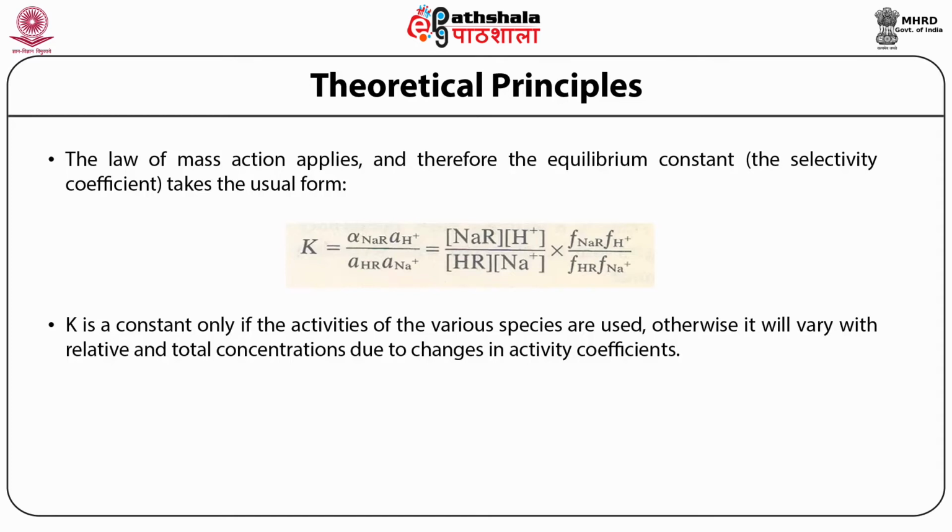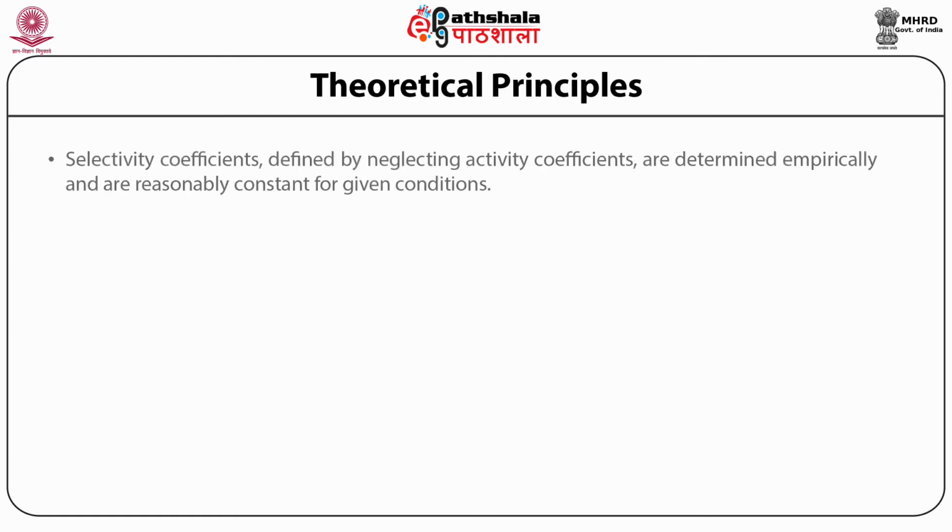Otherwise, it will vary with relative and total concentrations due to changes in activity coefficients. Selectivity coefficients defined by neglecting activity coefficients are determined empirically and are reasonably constant for a given condition.